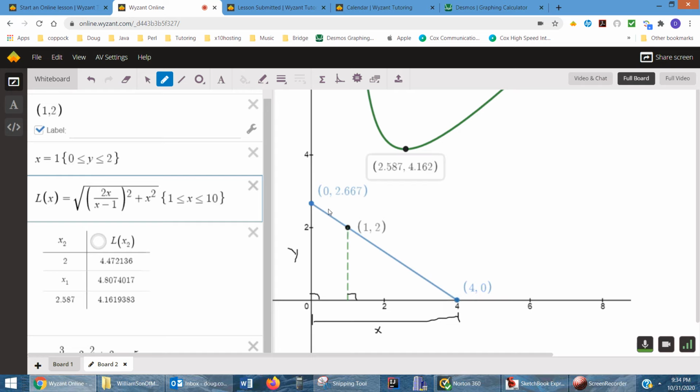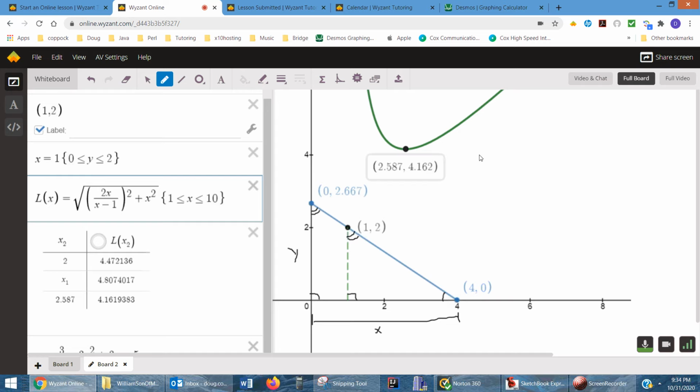That small triangle is similar to the big triangle by angle. We've got two right angles and they both share this angle. And of course these angles are also congruent because we've got two parallel lines cut by a transversal.